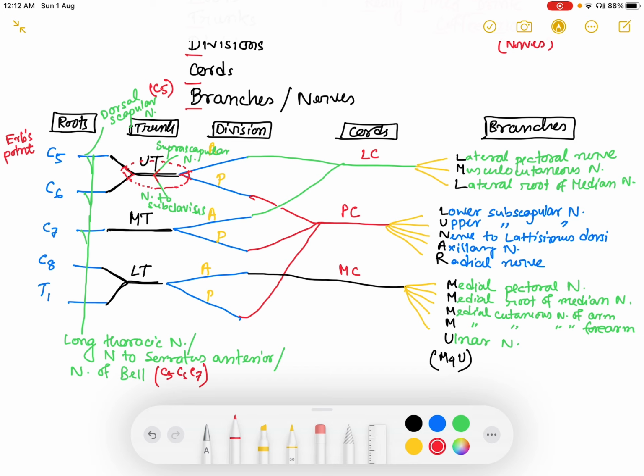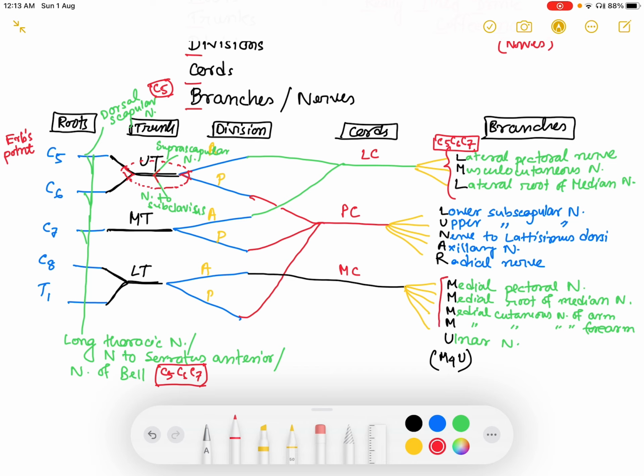For the branches of the lateral cord, the root value is C5, C6, C7. So for all three branches, the root value is C5, C6, C7. Now for the branches of the medial cord, the root value is C8 and T1, except the ulnar nerve.